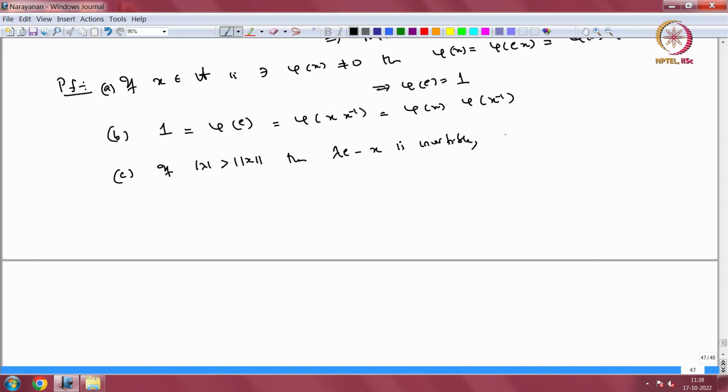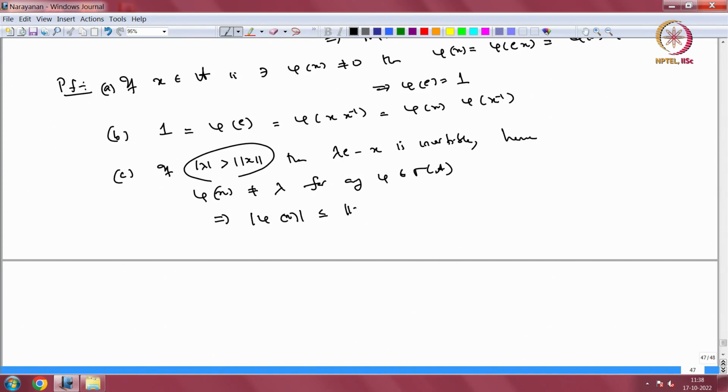That means, hence phi of lambda e minus x is non-zero. So, phi x is not equal to lambda for any phi, right. Well, if it is not equal to lambda for any lambda greater than or equal to norm x, that would imply mod phi of x is less than or equal to norm x, right.